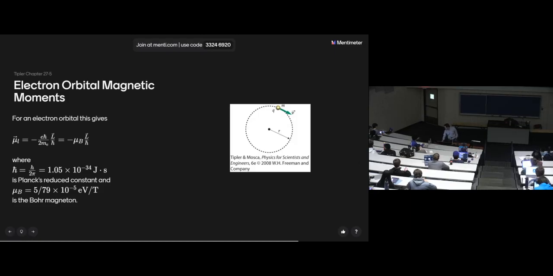So just be aware of that. The magnetic moment we're talking about here is just the magnetic moment of the electron orbiting the nucleus. But we've also found that electrons by themselves have a magnetic moment associated with the particle itself.